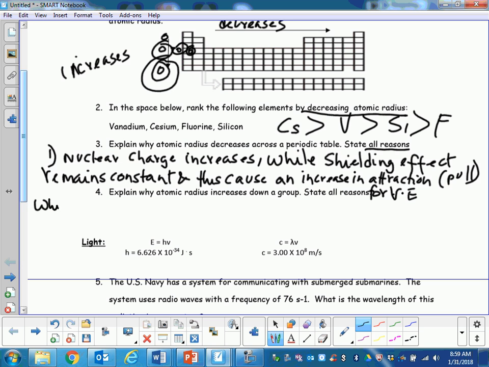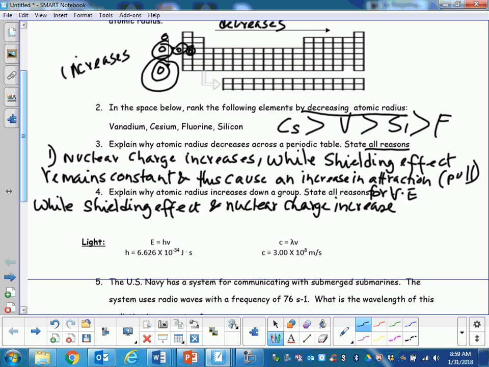While shielding effect and nuclear charge increase down a group, shielding effect dominates.